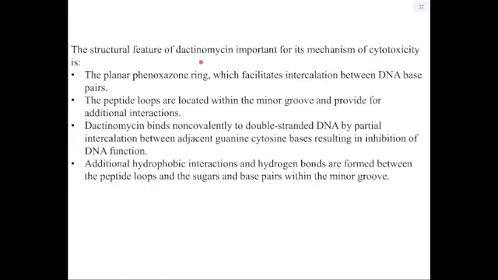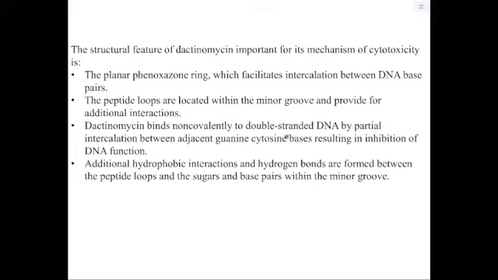The structural feature of dactinomycin is important for its mechanism of cytotoxicity. The planar ring, again, this we have mentioned, facilitates intercalation. The peptide loops are located within the minor groove and provide for additional interactions. Remember, there will be hydrogen bonds, hydrophobic bonds, ionic bonds, all those as we had already discussed.